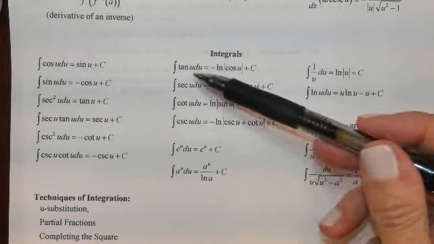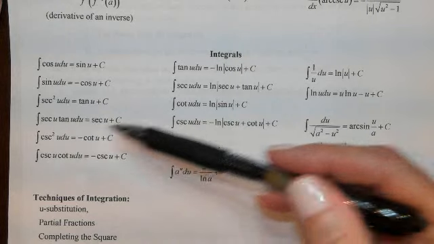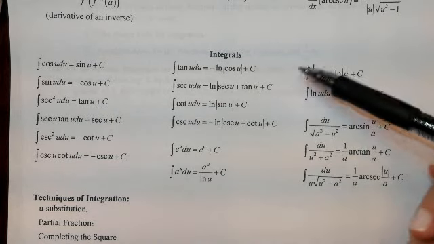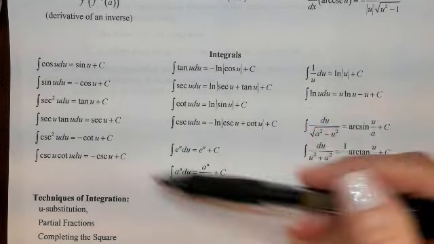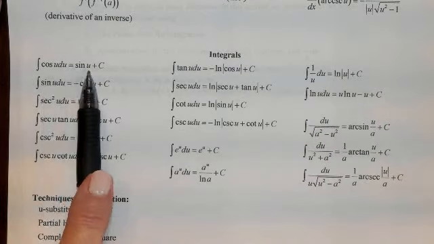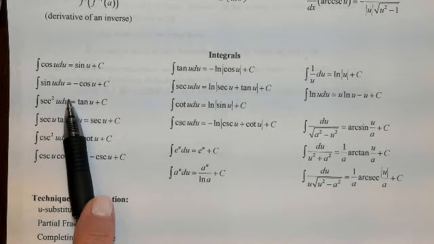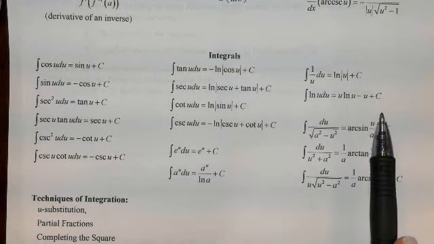We need to be able to recognize things that we can easily take the antiderivative of. All right? You see that our integrals, we don't really have a lot of things to memorize on the integrals, and some of them are very obvious when we just think of antiderivatives. Okay? A lot of them are very, very obvious.